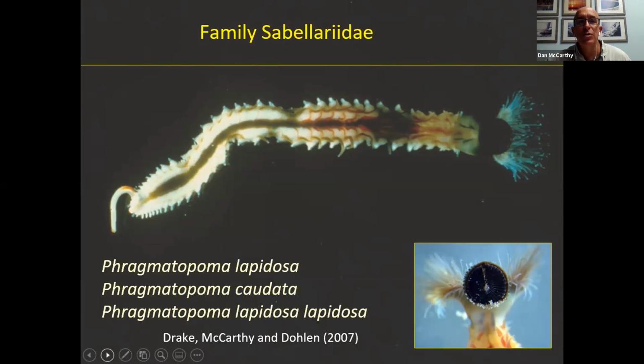What we have on the east coast of Florida is one species, although there's been a little confusion on what exactly to call it. It's been called by 3 different things. It's probably been most represented in the literature by Phragmatopoma lapidosa, but there's evidence that it might ought to be referred to as caudata.